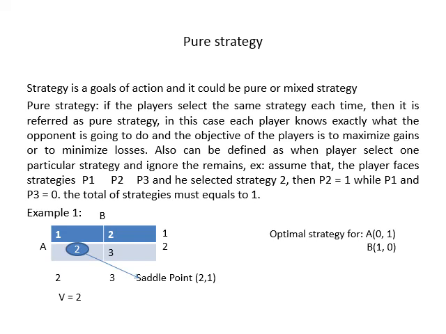That's why we name it a saddle point. The saddle point is 2 and 1. 2 indicates the second row, 1 indicates the first column.